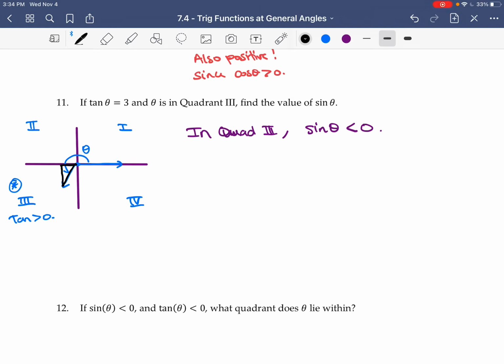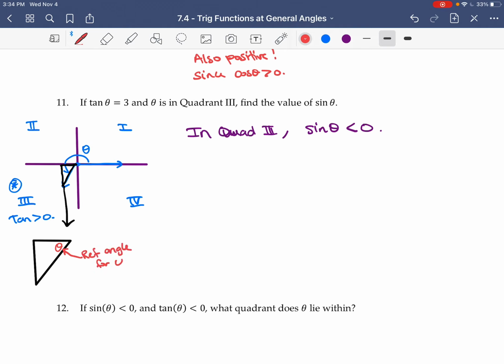That triangle looks like that. And then this is, I'm going to write theta, because that's where it would be, but it's actually the reference angle for theta.